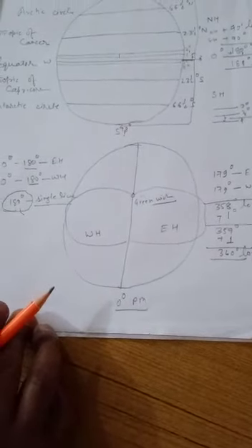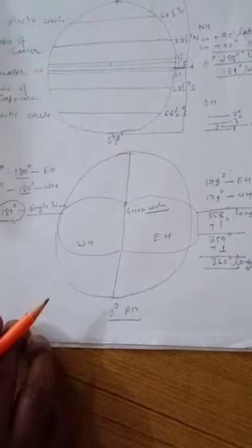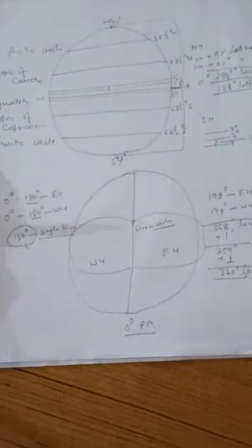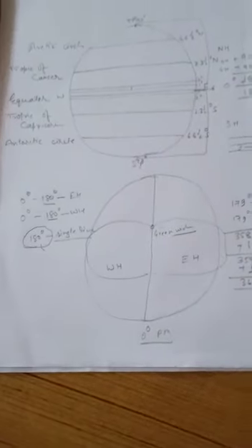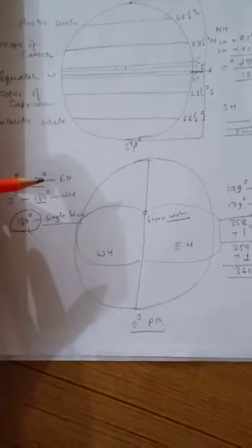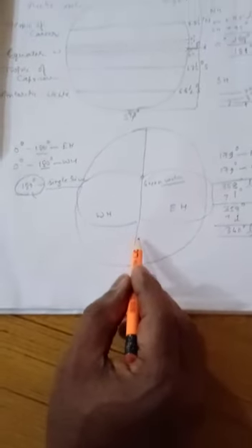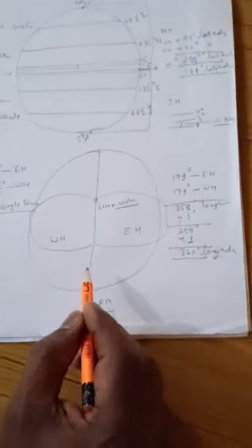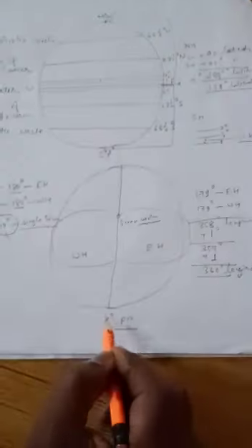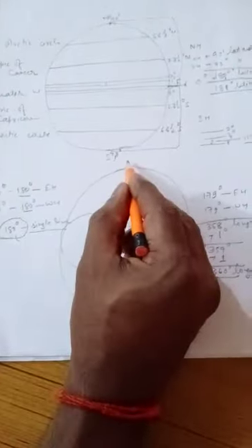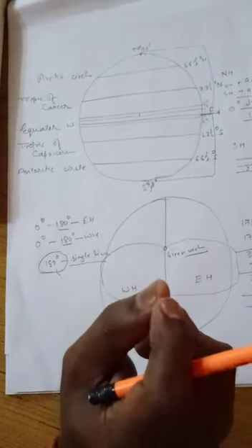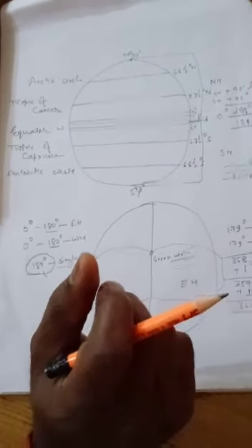Okay, so these were some important parts of latitudes and longitudes. Now another important part which we are going to discuss about latitudes and longitudes: in longitude, the prime meridian is the most important one, and the other one is the 180 degree, your international date line.